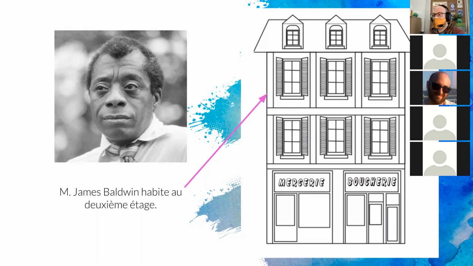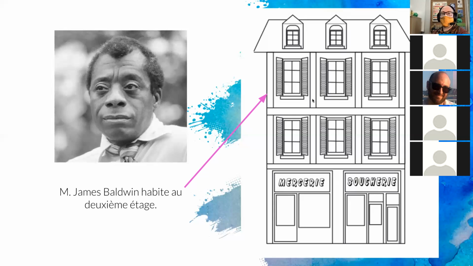So he's from New York. He's from Harlem. He grew up the son of a preacher, but he moved to France and he lived in Paris, outside Paris, for quite a long time. Or maybe it was in the south of France. I think it was actually in the south of France. And he left the U.S. because he didn't feel welcome as a black man, and he was also gay.